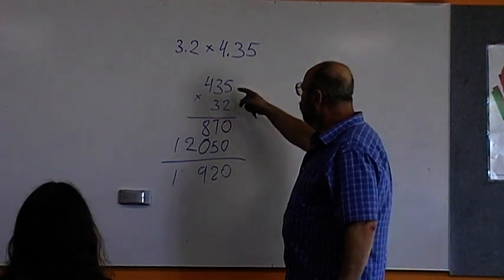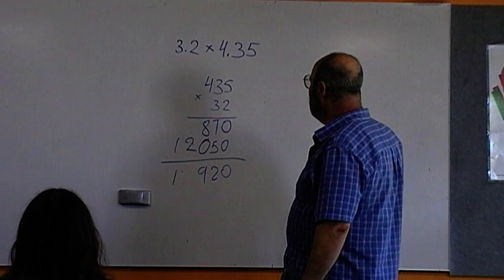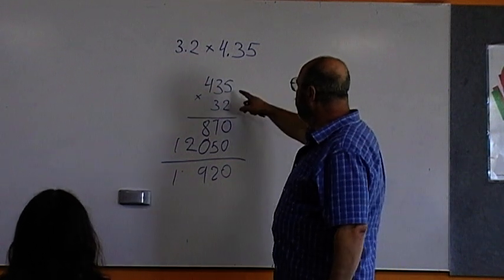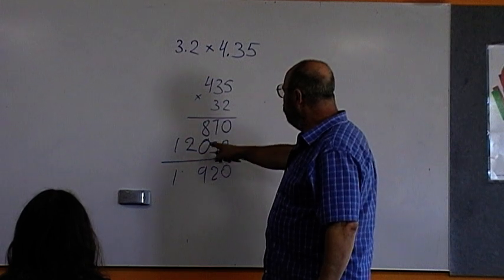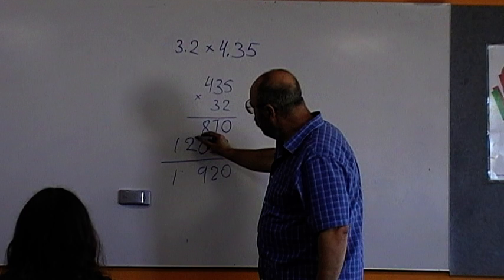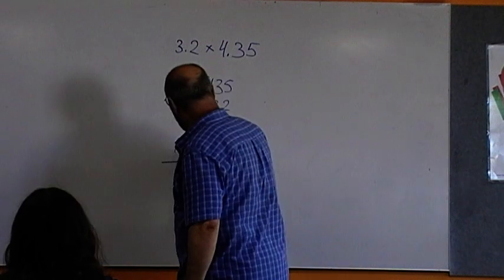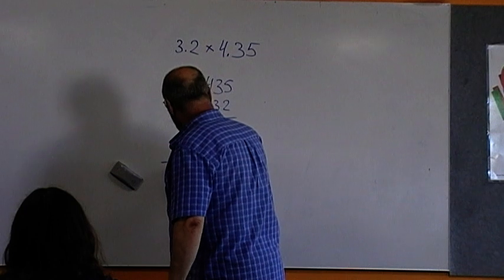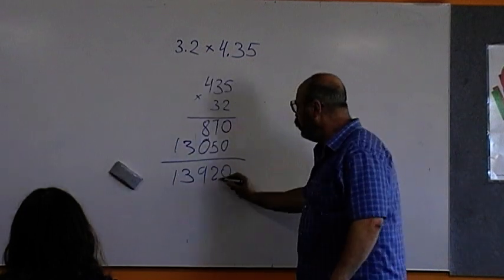So let me check. 435 times 2 is 870. 435 times 3: 5 times 3 is 15, 1 going here, and we add 1. I forgot this one that we carried. It is 13. So we have 13920.